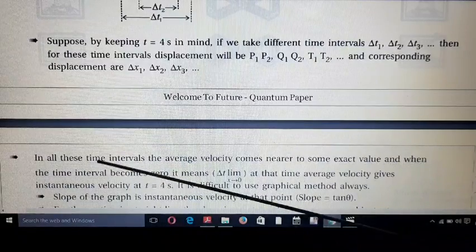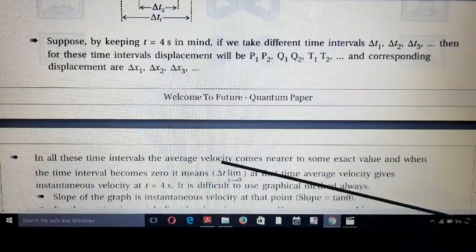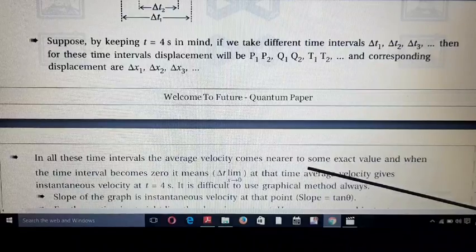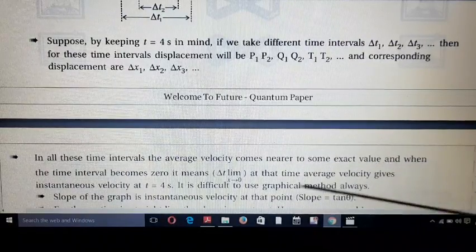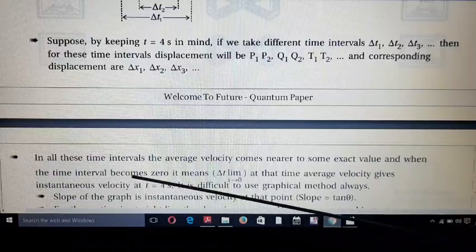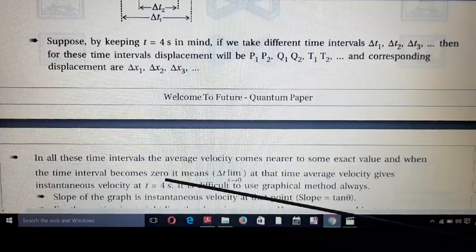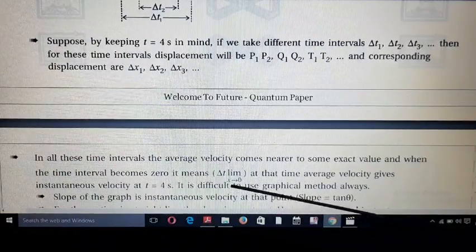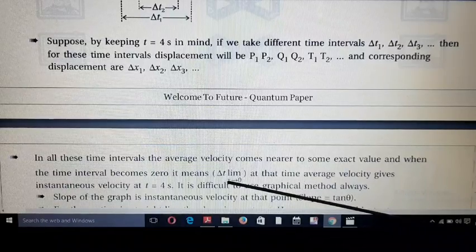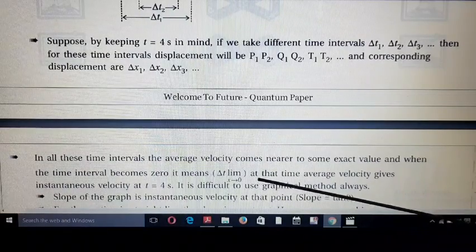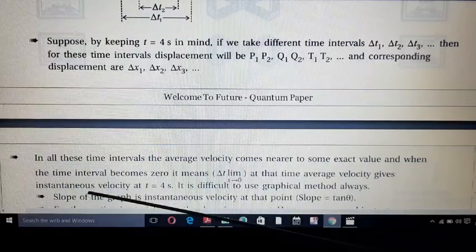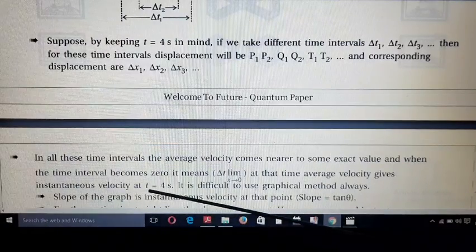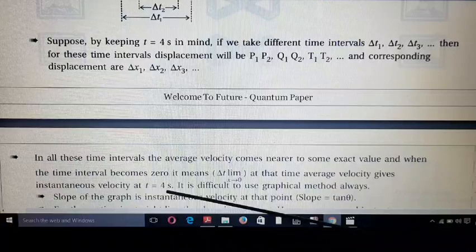In all these time intervals, the average velocity comes near to some exact value, and when the time interval becomes 0, it means limit delta t tends to 0, at that time the average velocity gives the instantaneous velocity at t is equal to 4 seconds.